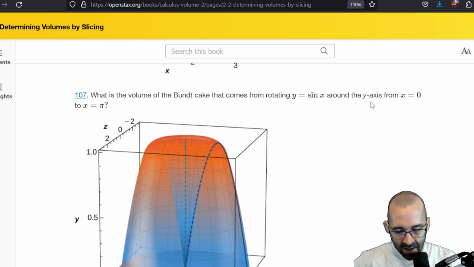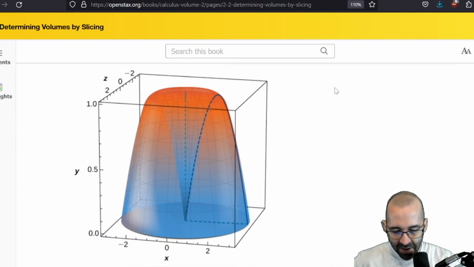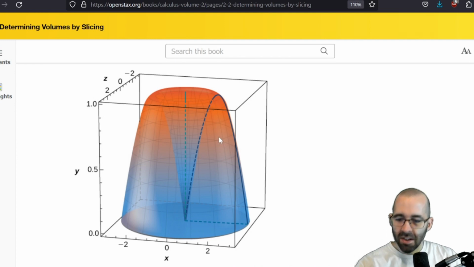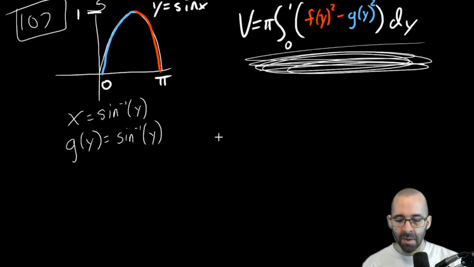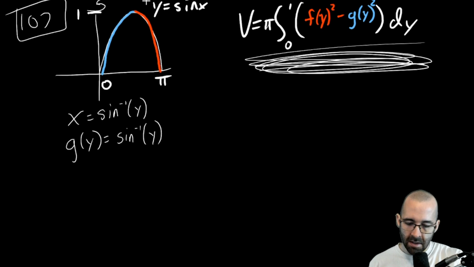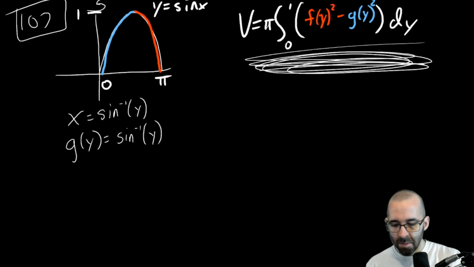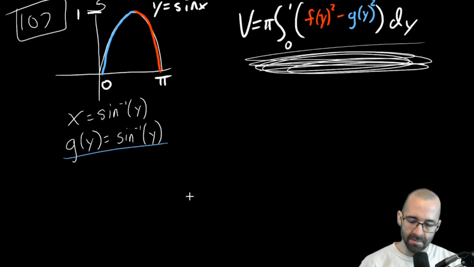Okay. Around the y-axis, let me just make sure that everything's going good. Outer minus inner. But let's just play along and see what happens. Okay. So one of the ways of doing this is actually not correct. So we're just going to do the hard way. That's our blue one. So now what's the red?